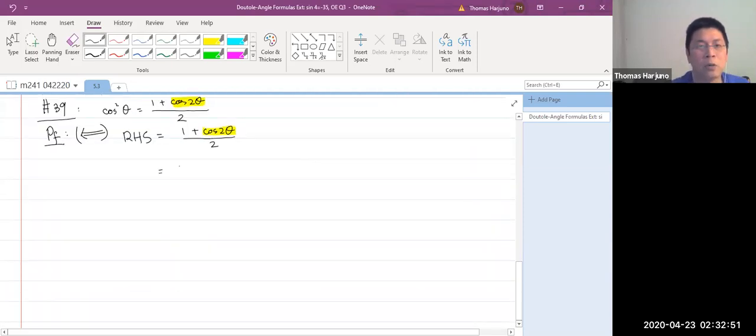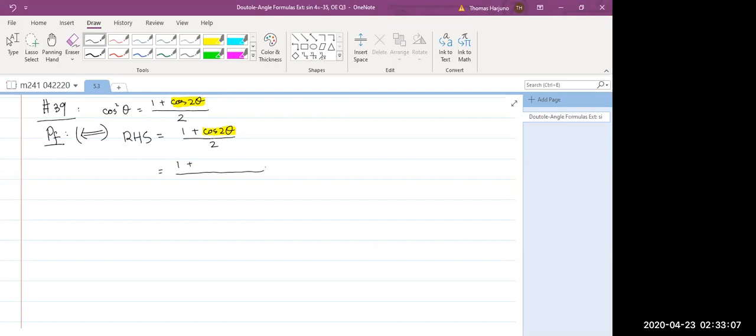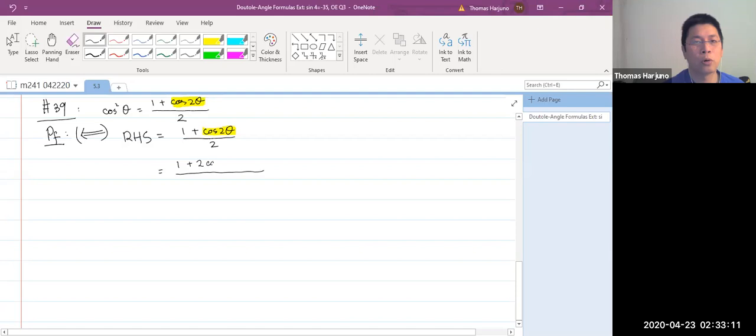This is equal to 1 plus, there are 3 variations for that formula. Which one do I use? B, the second variation: 2 cosine squared theta minus 1, over 2.